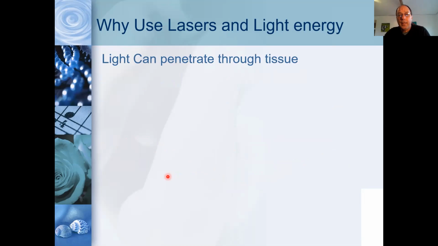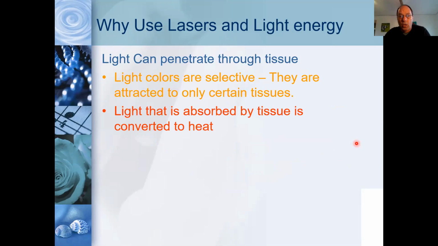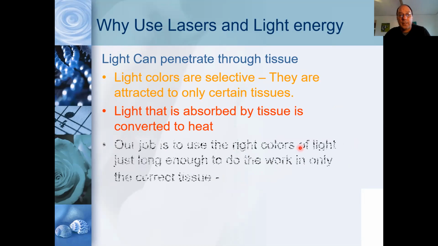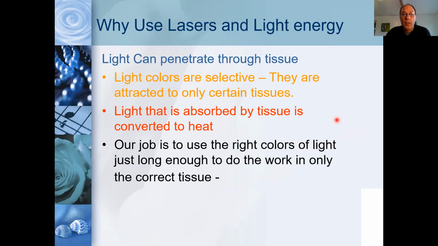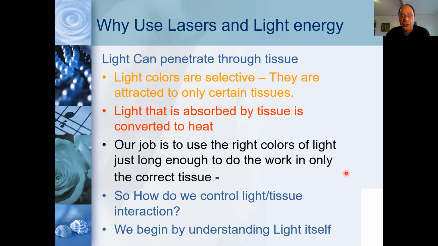We know that light can penetrate through the tissue, and the wavelengths or colors of light we use are attracted to specific tissues, like melanin or hemoglobin or water. Once it finds that tissue, it absorbs it and converts it to heat. We want to use the right wavelength of light in the right tissue to destroy the target, so we have to control light-tissue interaction.